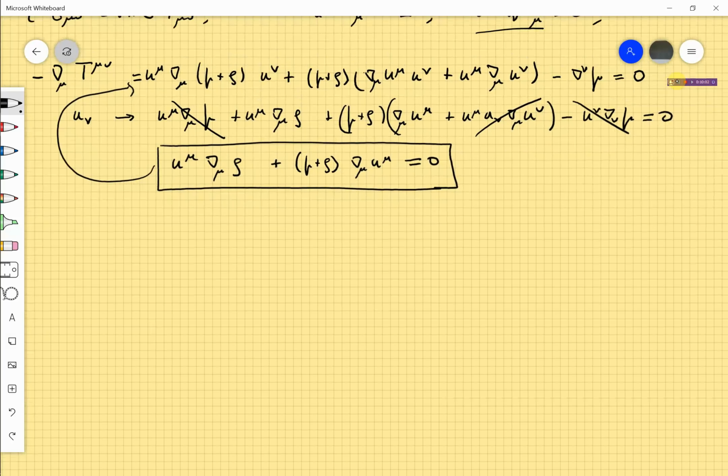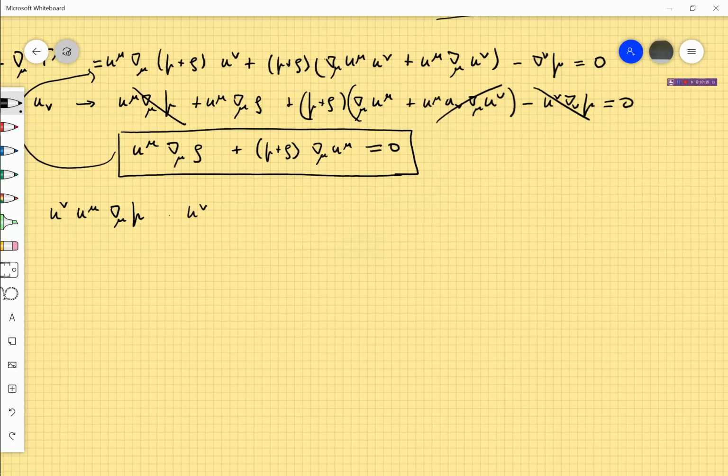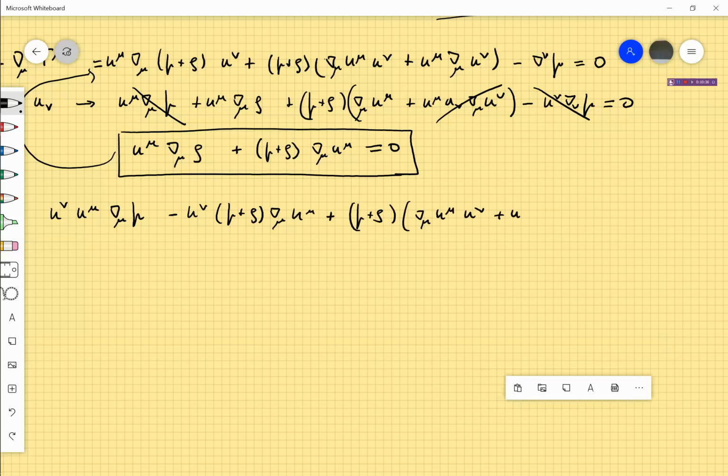So we have to split this, have ∇_ν p, and this is with ν, plus the next term as u^ν, and then a minus (p + ρ) ∇_μ u^μ, plus nothing else, there's now the new p equal to 0.